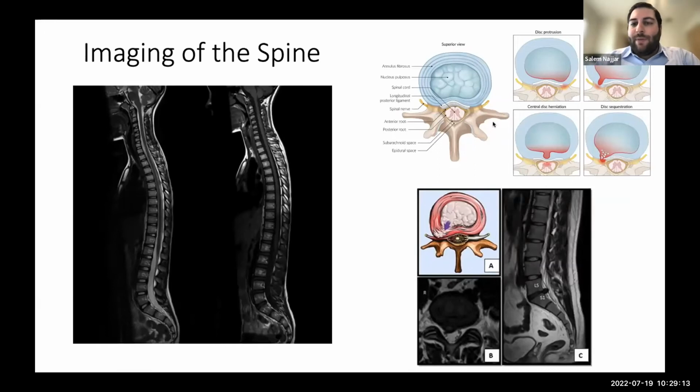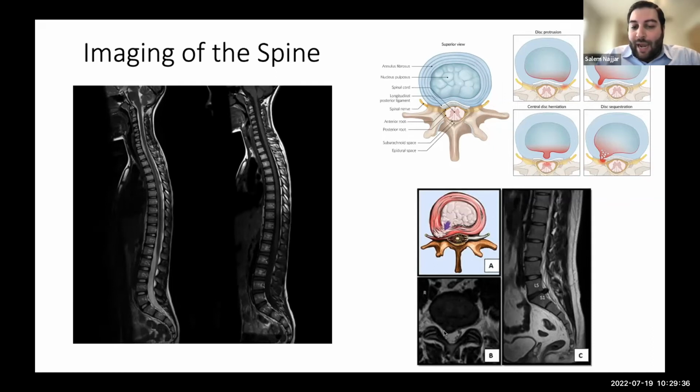So let's see what happens when things go wrong, right? Especially on imaging. What do we see here? We see an annulus that has an issue, the nucleus pulposus leaking out a little bit, impinging onto the left nerve root, exiting around the region of the pedicle. This is an axial version of that.